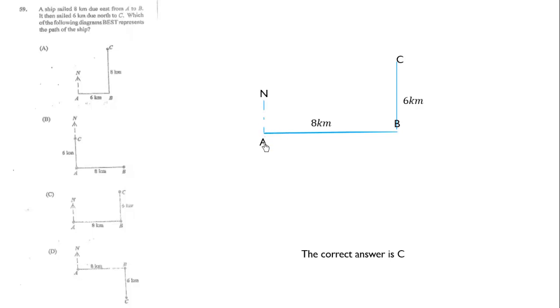When you are having a cardinal point here, this will be north, then this will be east, this will be south, and this will be west. So 8 kilometers due east is this direction, then 6 kilometers due north in this direction. Therefore, the correct answer is option C.